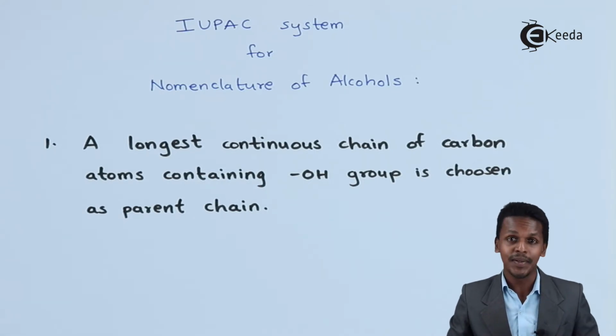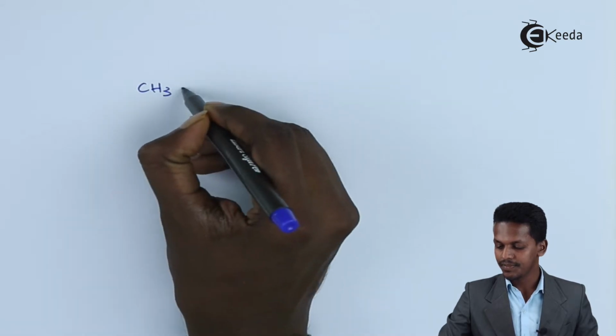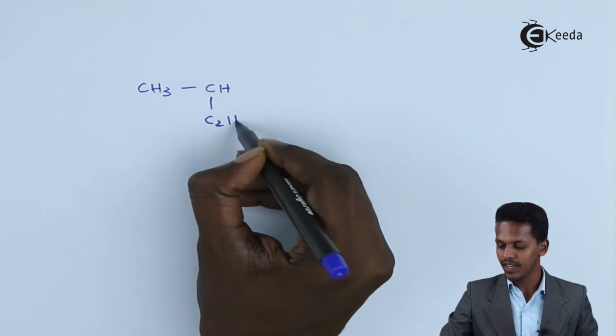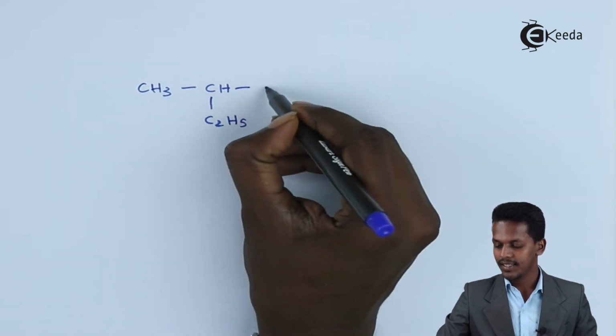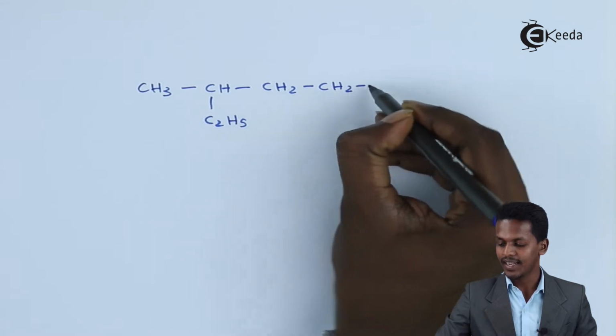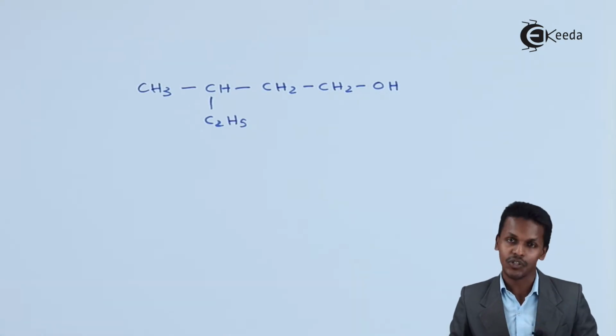So take an example. Suppose we consider CH3, CH, here it is C2H5, here it is CH2, here it is CH2, and here there is OH. According to the first rule, we have to select the longest chain containing the functional group.